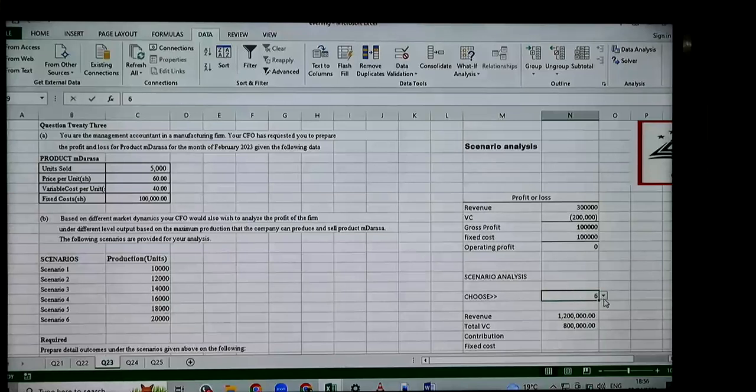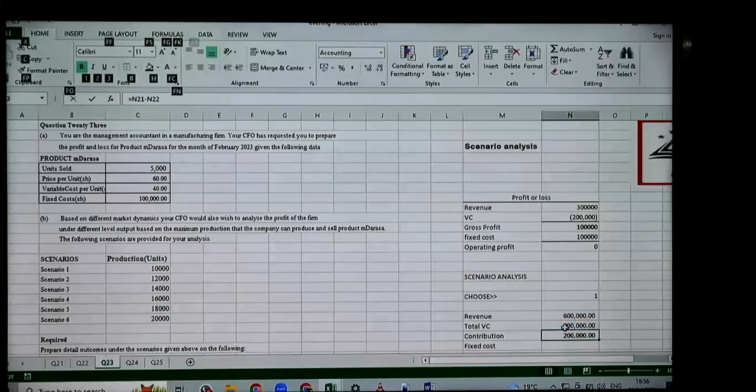So you can just confirm from my one, it's 400. So it's the 10,000 times 40, because it was scenario 1. So contribution will be equal to this one minus the variable cost. Control Enter, Control B, Alt HBP for a top border, isn't it?